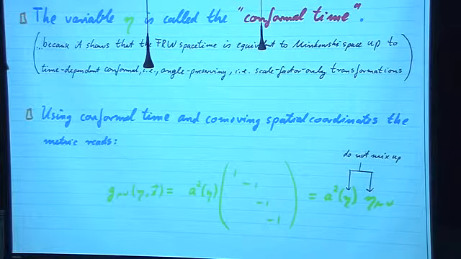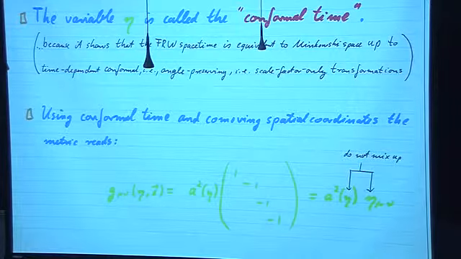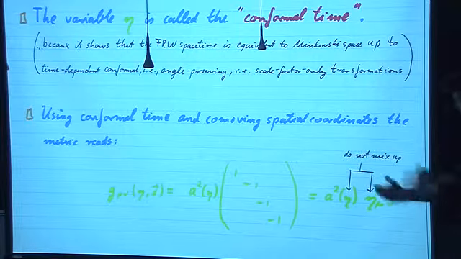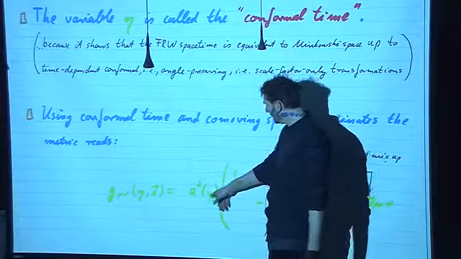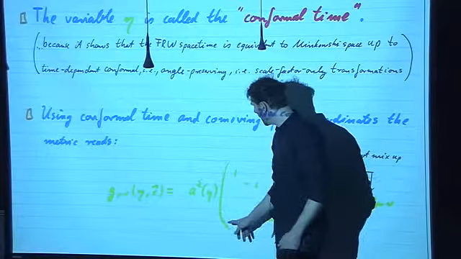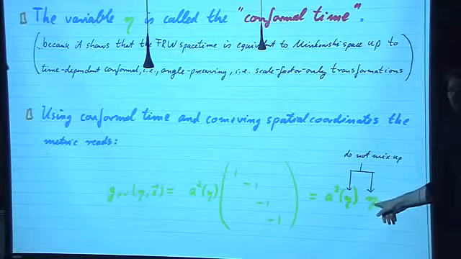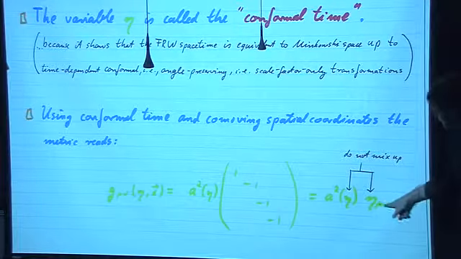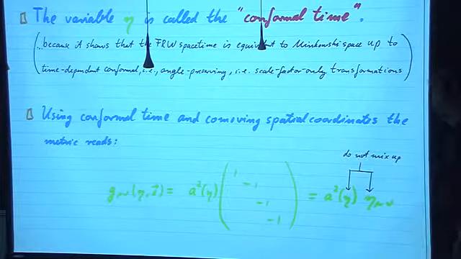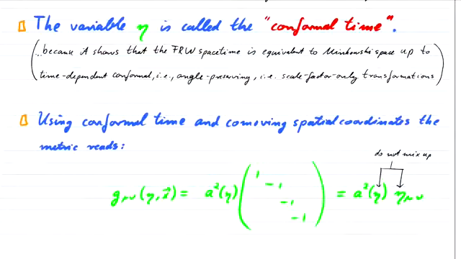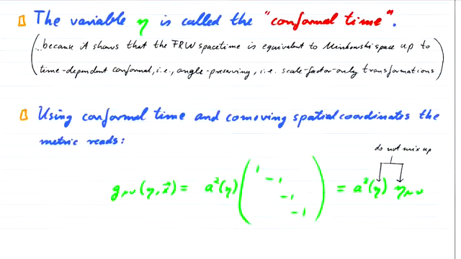Now, I have to admit that the community is unfortunately using, and I'm using that too now, the symbol eta for two very different purposes. One is to use it for the conformal time, and the other is to denote the special relativity metric, right? But this thing carries indices, that thing doesn't, so hopefully there is no way to confuse the two. Okay, so now that we've changed to conformal time and co-moving spatial coordinates, the metric looks like this.